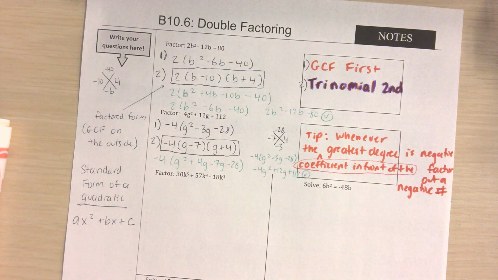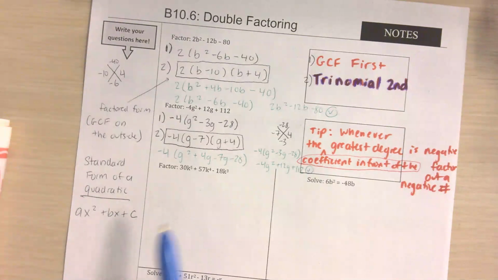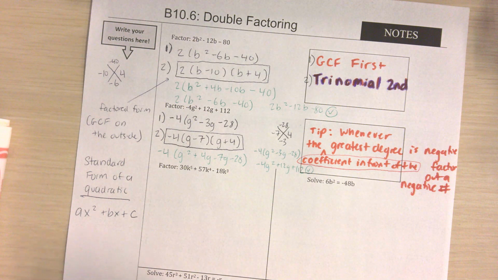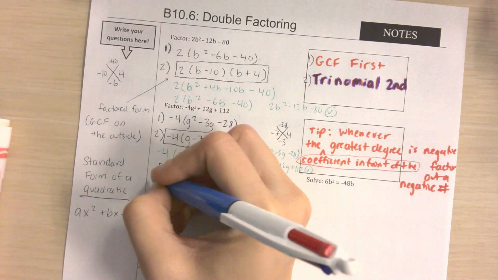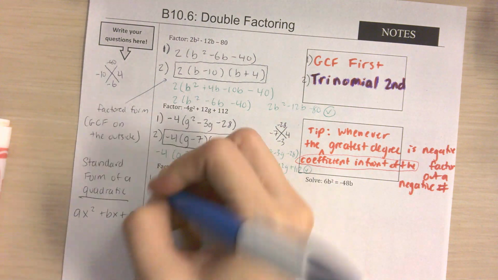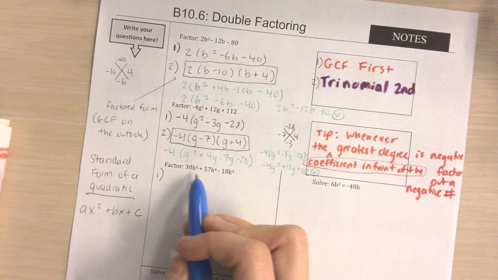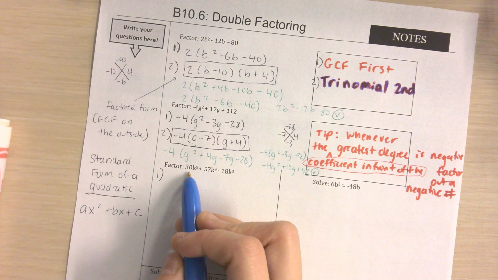Okay, let's look at the next example. So this one is a little bit bigger numbers, but it's still the same steps. So we're going to start with our greatest common factor. So if we look here, this is divisible by 3, 10, 6, and 5.